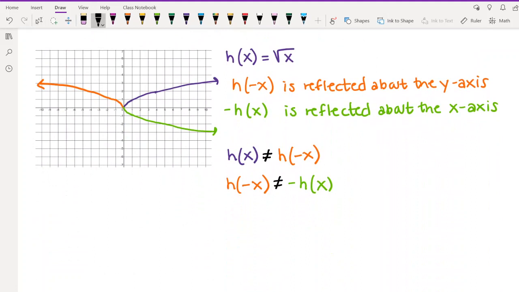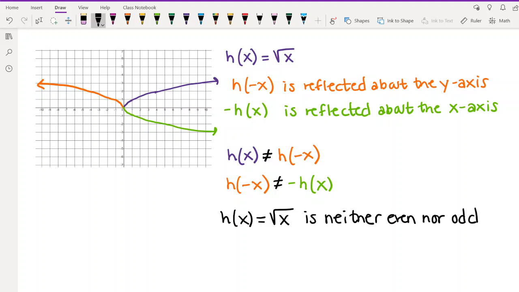So basically this tells us that h of x equals square root of x, our original function, is neither even nor odd. As I mentioned at the beginning, not all functions are either even or odd. There are some functions that are neither. If it doesn't have either of those two reflection properties, it's neither.